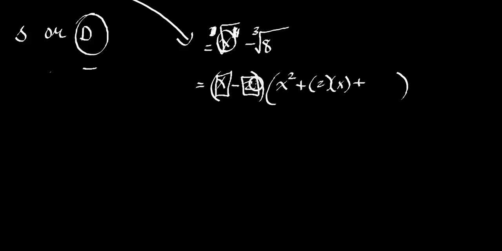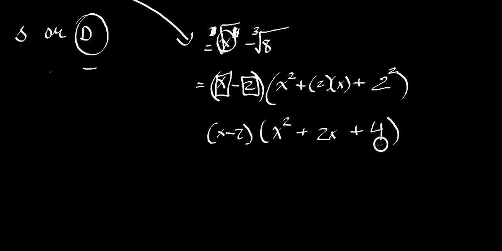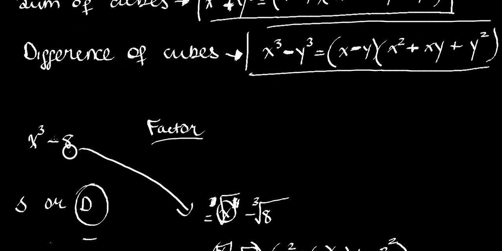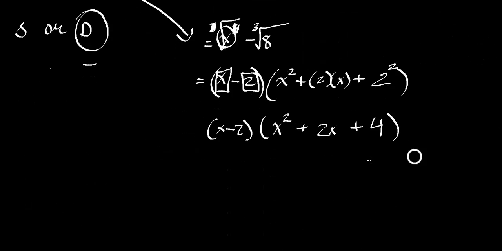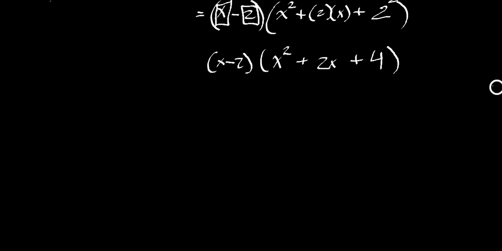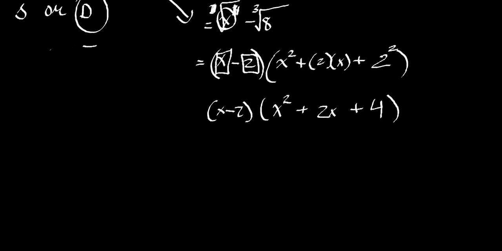We got a 2, so we're just going to square that. And we are left with x minus 2. We just simplify and get x squared plus 2x plus 2 squared, which is 4. And that's it. You just factored this into a more known form. That's all there is to it.